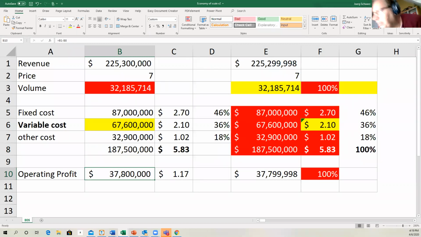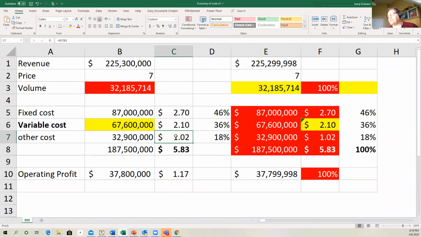Now, the next thing I did is I took the fixed cost and divided it by the volume in order to calculate my fixed cost per unit, which is $2.70. And I did the same thing with the variable cost, which is $2.10, and with the other cost, $1.02.